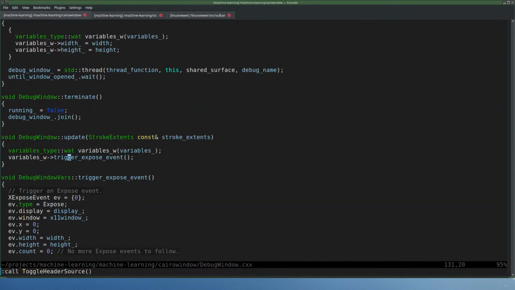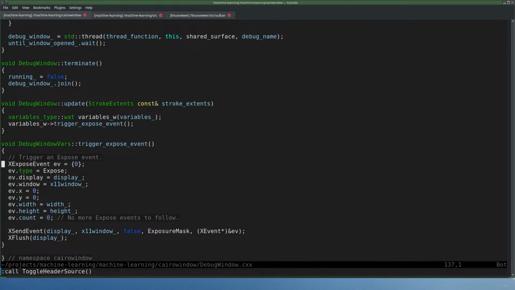Trigger expose event. The thing has its own trigger expose event, so I don't even have to worry about that.